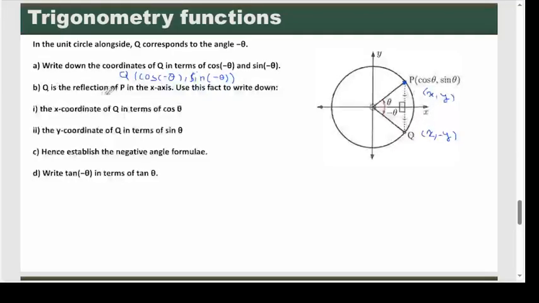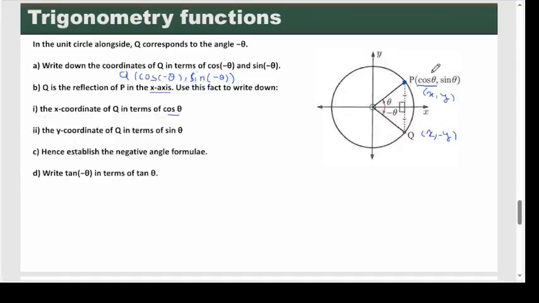Q is the reflection of P in the x-axis. Use this fact to write down the x-coordinate of Q in terms of cosine theta. So when I reflect across the x-axis, x doesn't change.